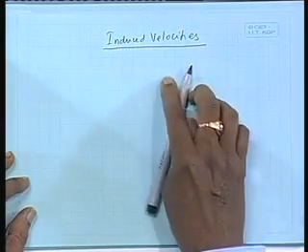That is, both the axial velocity and the rotational or tangential velocities undergo change due to propeller action. Due to propeller action, the flow is pulled a little bit and reduced a little bit in the rotational direction.